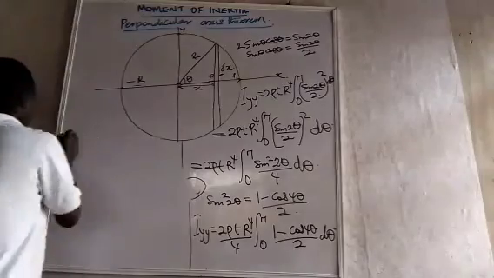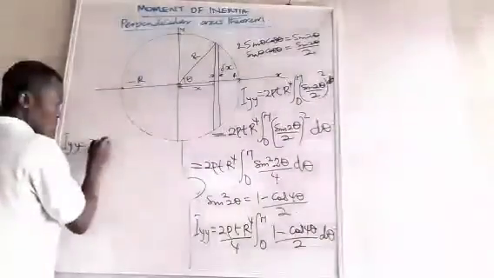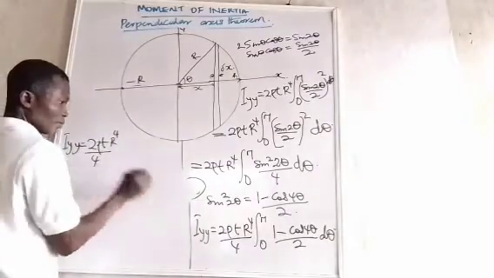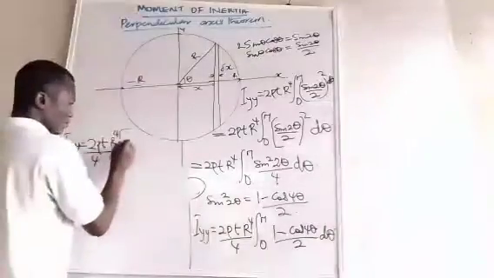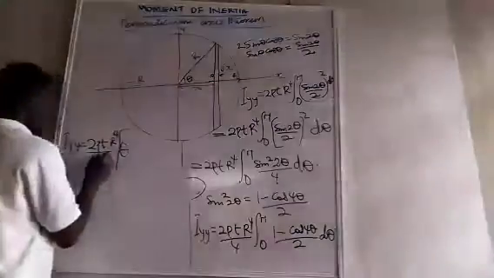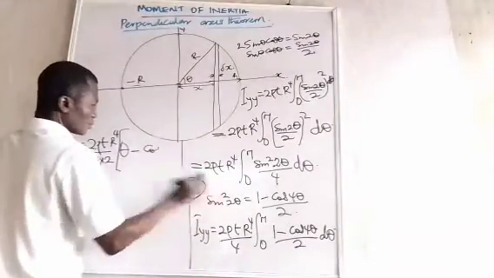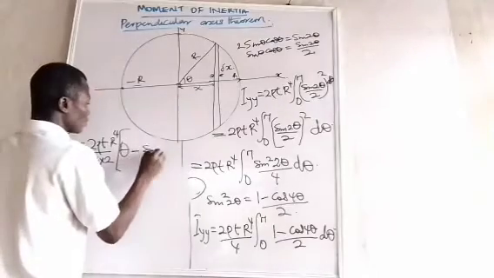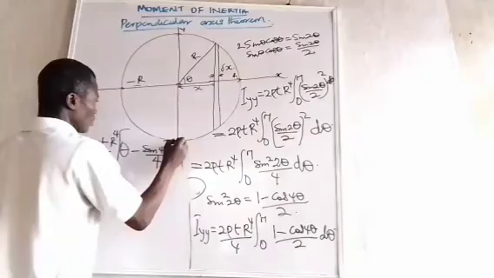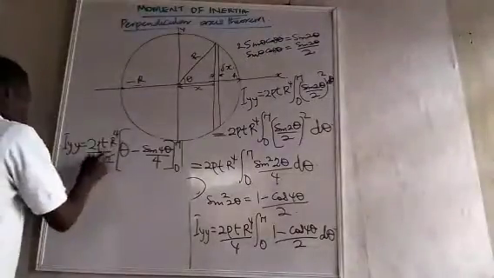So Iyy will be equal to 2 rho t r raised to the power 4 over 4 into theta. Okay, let me bring this outside, times 2 here, minus sine 4 theta over 4 from pi to 0. So this is going to cancel this.